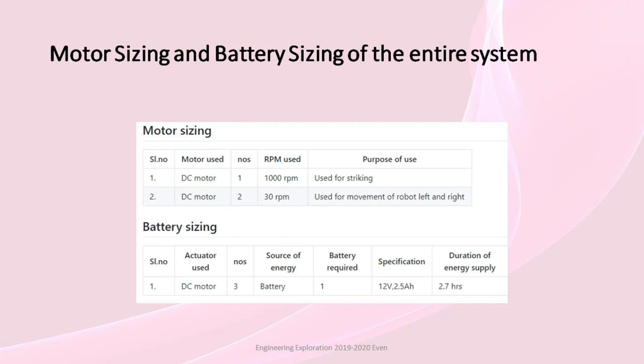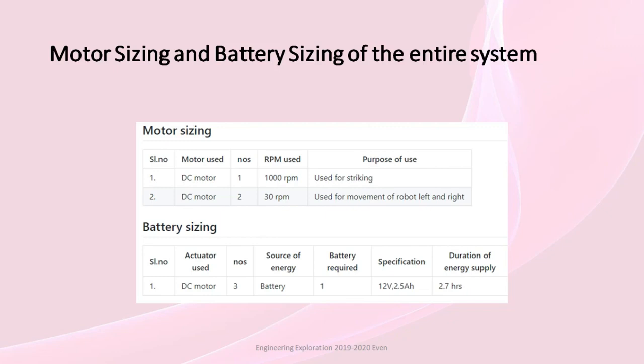For the movement process, we required two DC motors of 30 rpm by using a linear torque formula, which we got as 2.1. For battery sizing, we had three DC motors, and we required one battery with the specification of 12 volt and 2.5 ampere hour. After calculating, we came to know that it can supply energy up to 2.7 hours, which was enough for us because we had an objective of at least 2 hours of working.